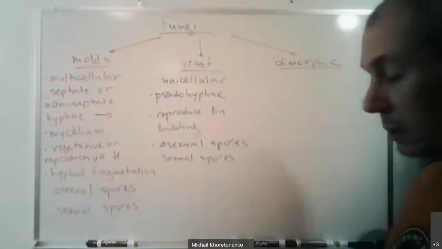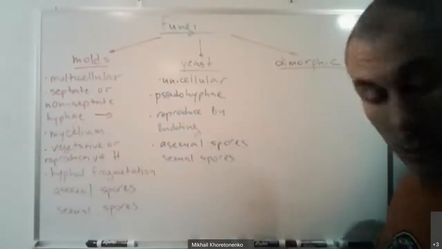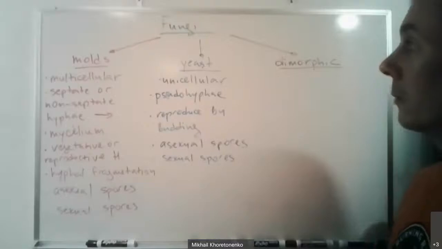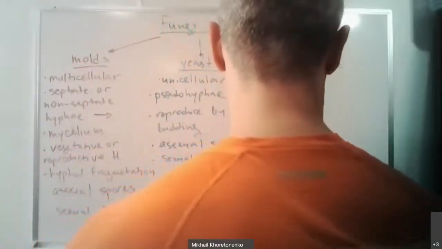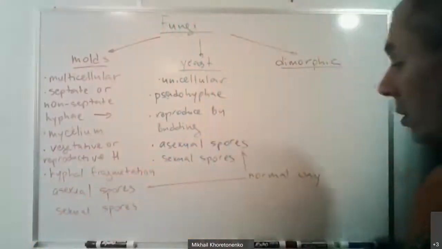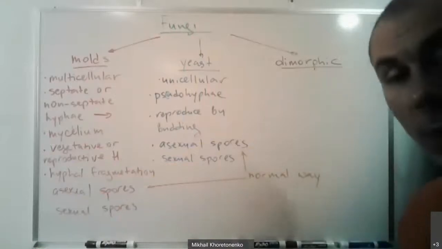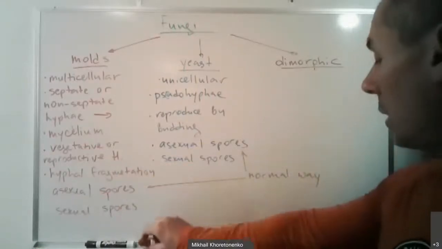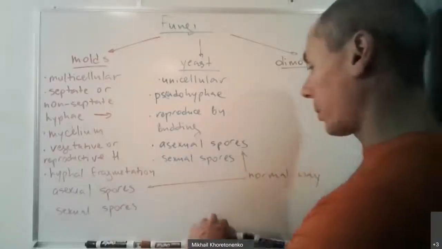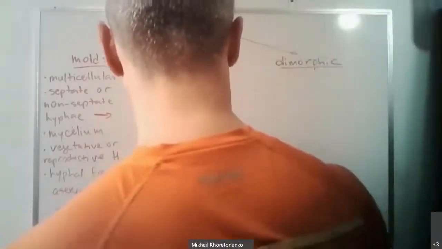So in both cases, for both yeast and molds, asexual spores are produced, that's basically the normal way. They are produced frequently, no problem, all the time. Now, what about sexual spores?